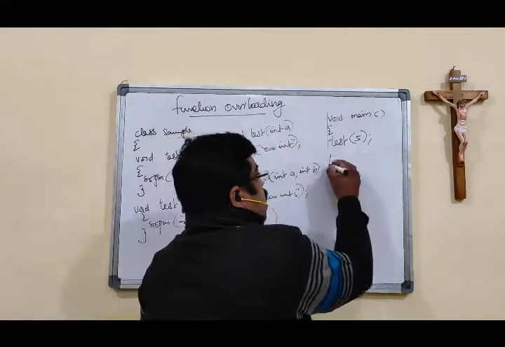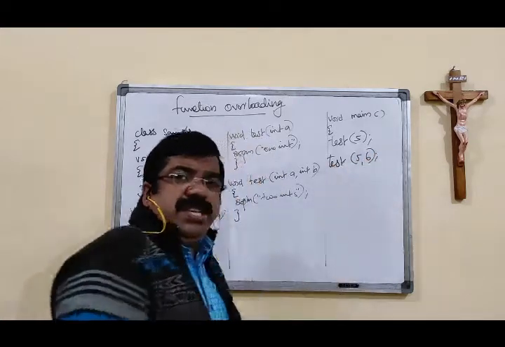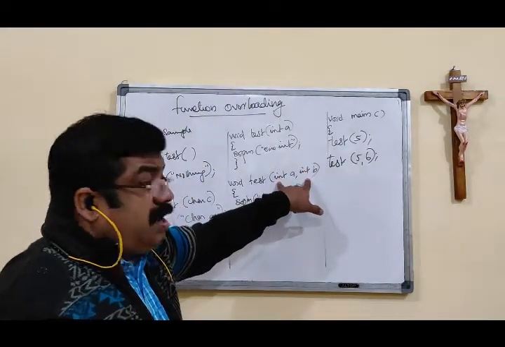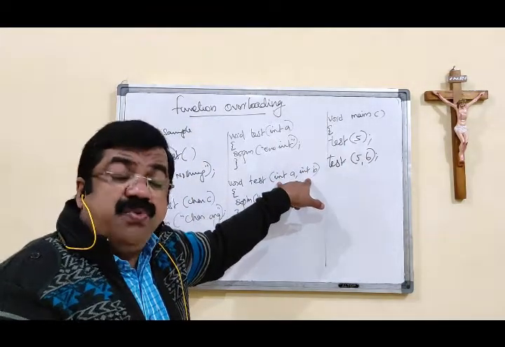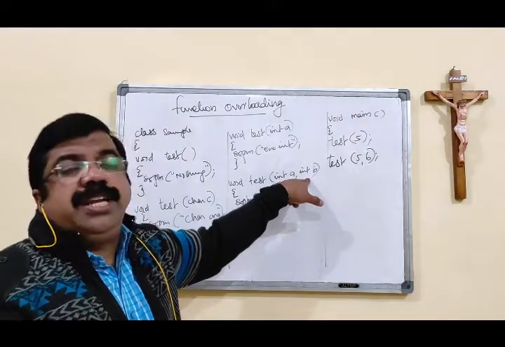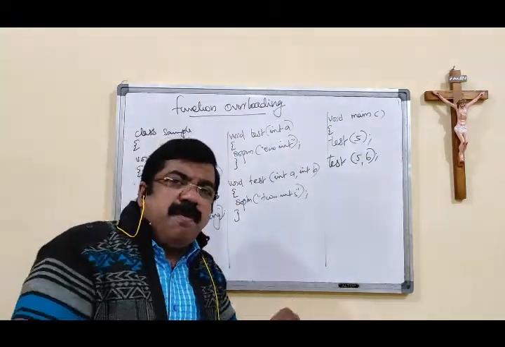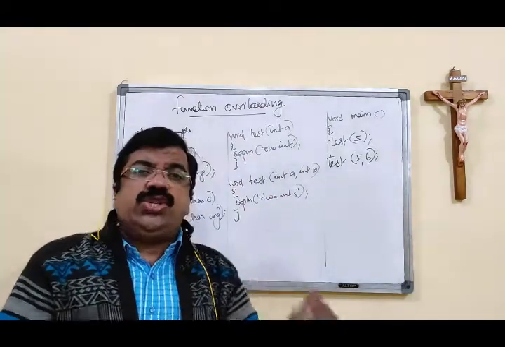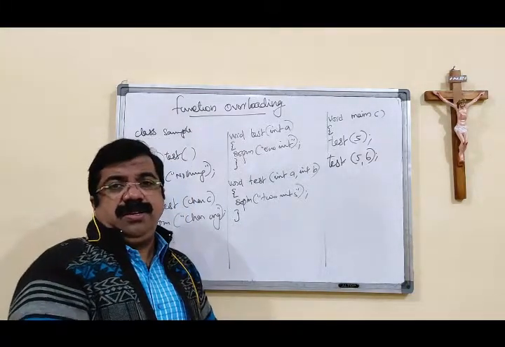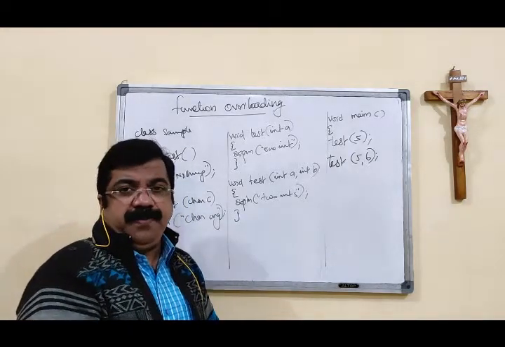Next one we are giving test with 5, 6, two integer arguments. This will select this function even though we are not giving any if or else statements. I hope you understood. That means the compiler is automatically selecting the functions which are to be executed. That is the advantage of function overloading.